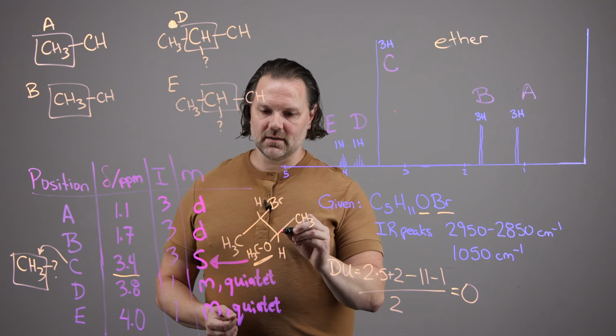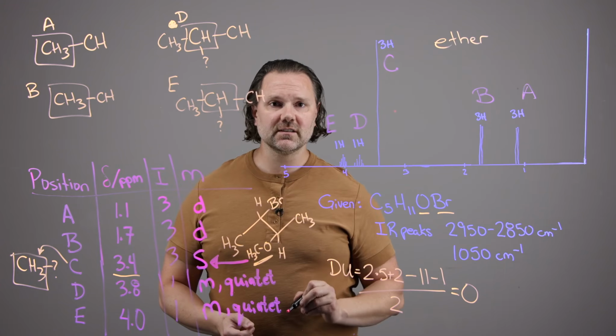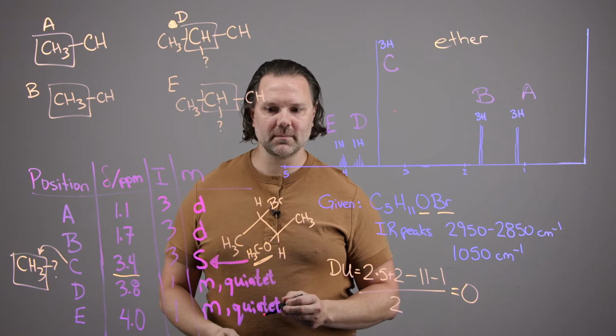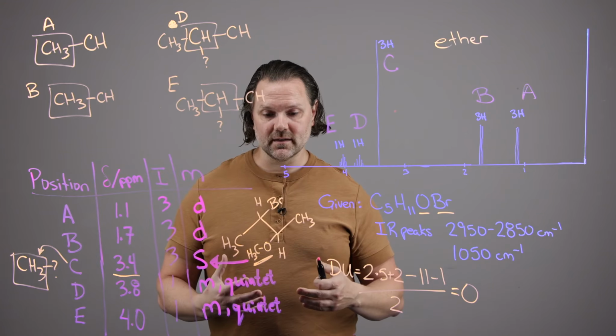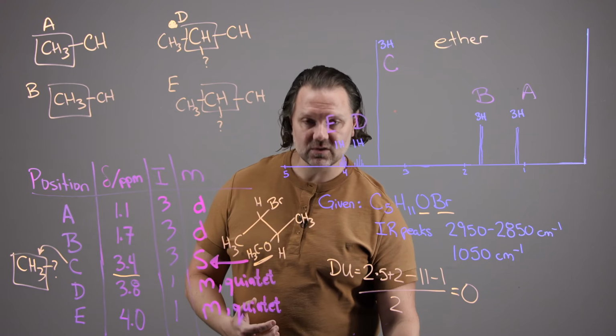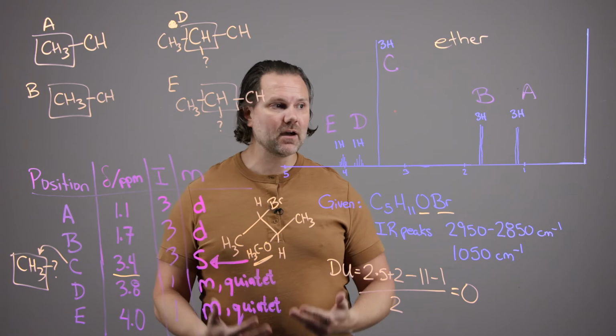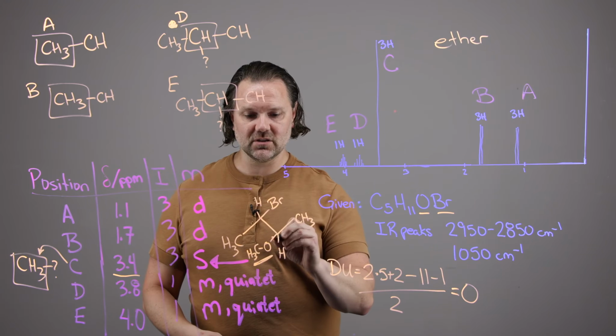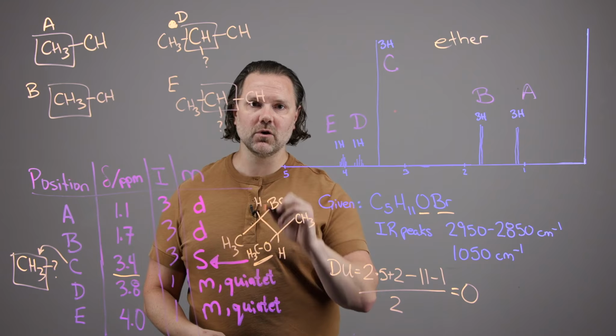Now we've still got 4 other signals, A and B, D and E, that we want to try and match up. And we recognize that what they're attached to is going to influence the amount of deshielding they experience. What is causing the deshielding is both the oxygen and the bromine.